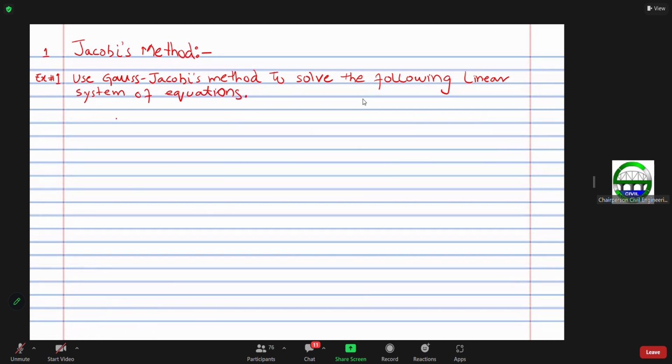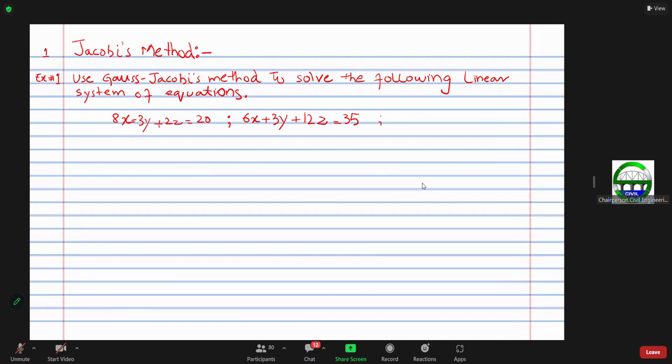Our equations are: 8x minus 3y plus 2z equals 20. Our second equation is 6x plus 3y plus 12z equals 35.